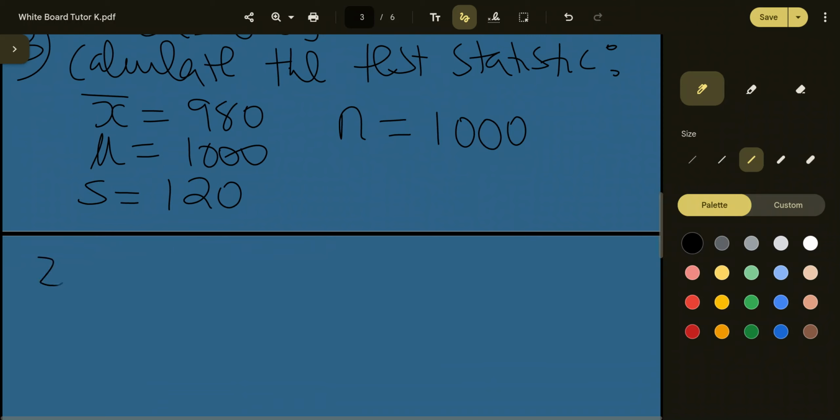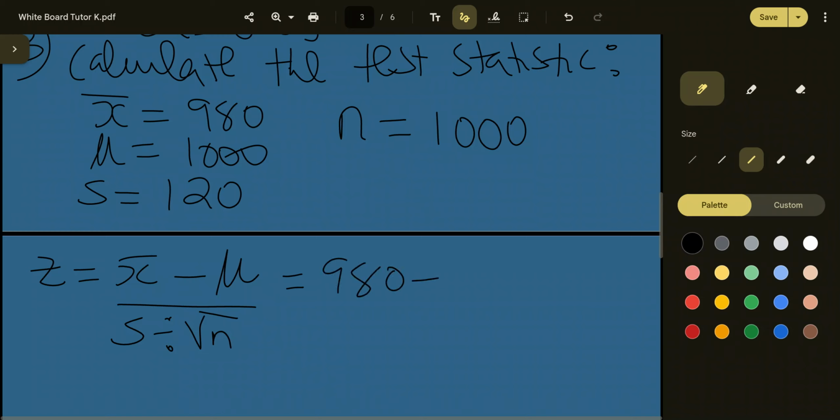We're going to say z is equal to x-bar minus mu, over the standard deviation divided by the root of n. The sample mean here is 980, and we are going to subtract 1,000.